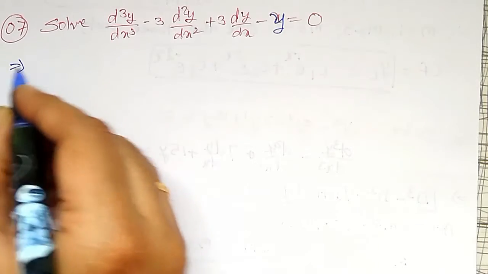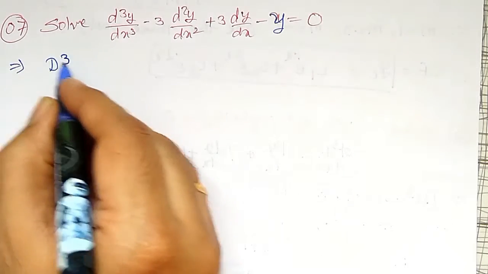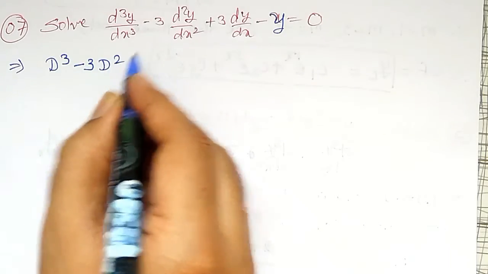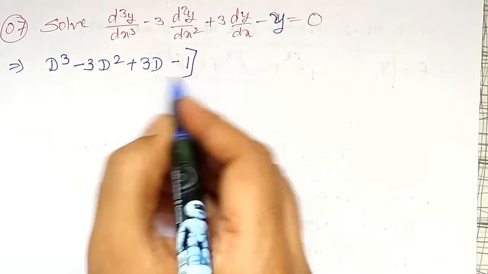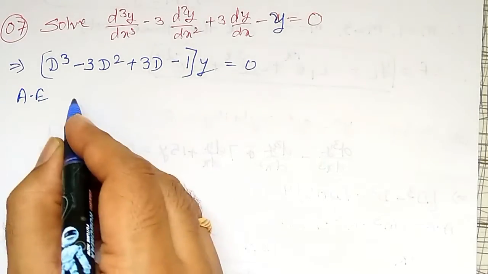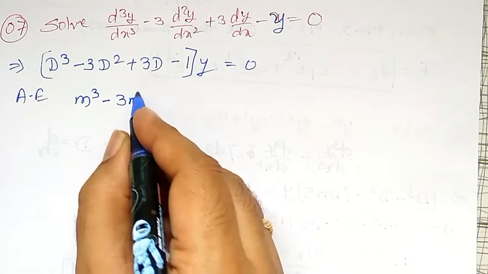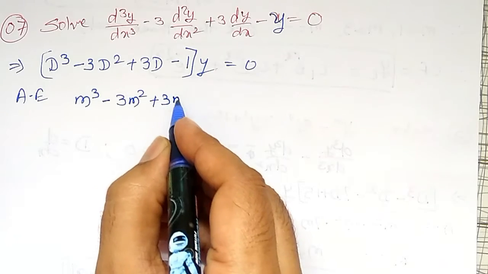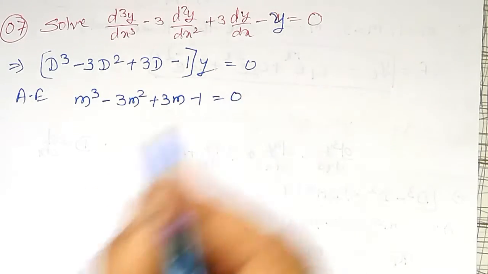First of all, I will write it in differential operator form, that is (D cube minus 3D square plus 3D minus 1) y. Then the auxiliary equation is given by m cube minus 3m square plus 3m minus 1 equal to 0.